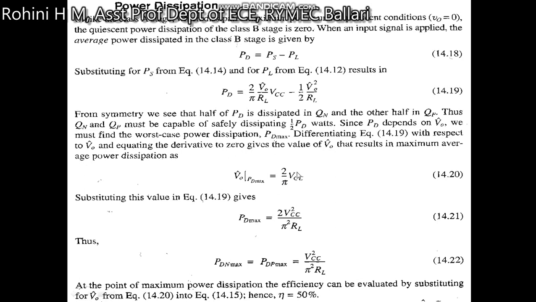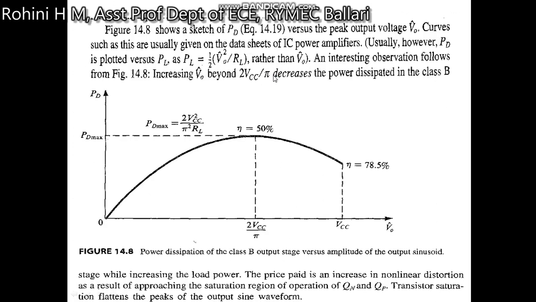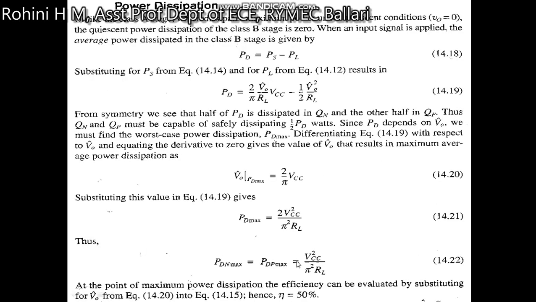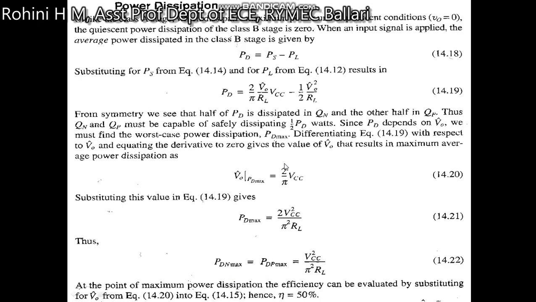When this value of V out is substituted, we get the efficiency as 50%, whereas at maximum output we got 78%.